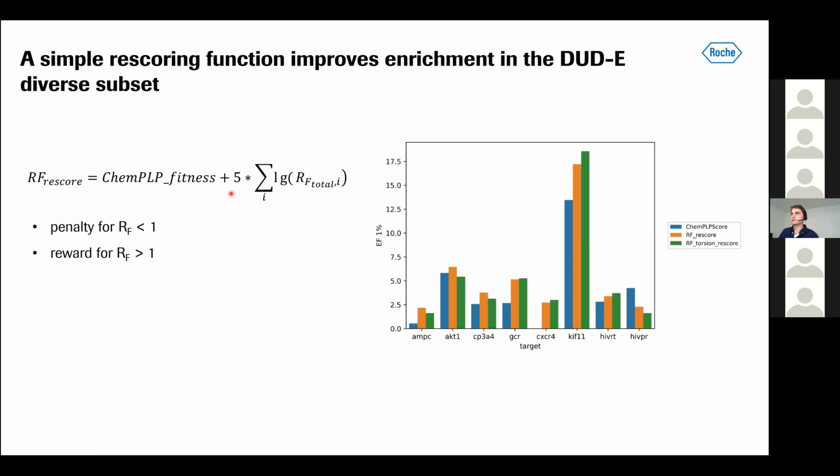With this empirically identified weight, and we found that by penalizing low RF values and rewarding higher RF values, we see a nice increase in the enrichment in 7 out of 8 examples. And yeah, we are currently investigating the use of RF values for rescoring even further.